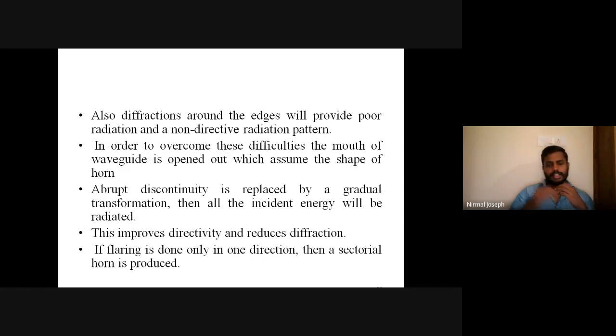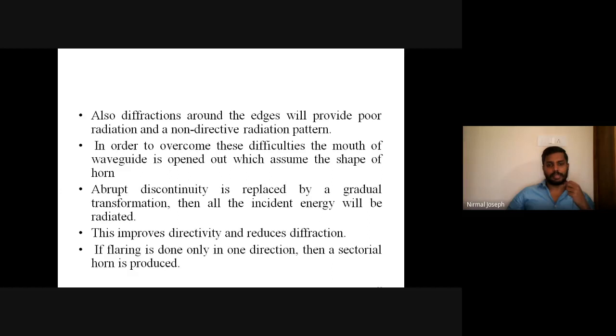There are some problems in doing so. We cannot abruptly open a waveguide, since it will cause reflection. So we have to gradually flare up the ends so that the wave can gradually escape into space. The flaring can be done either in the E plane or in the H plane or in both.